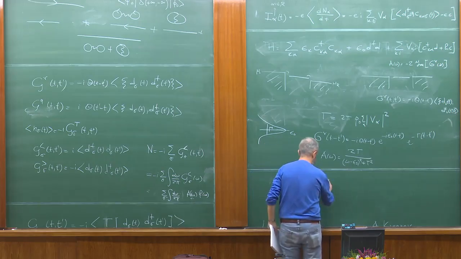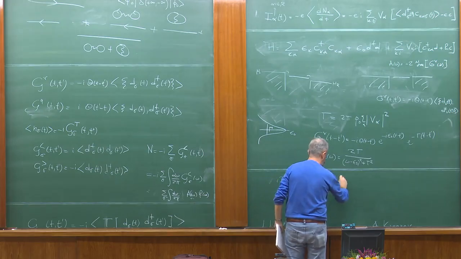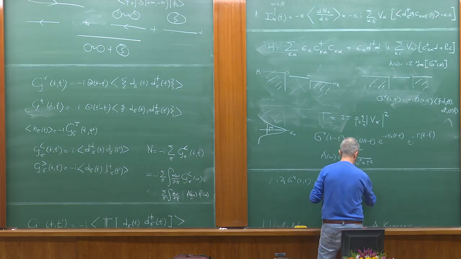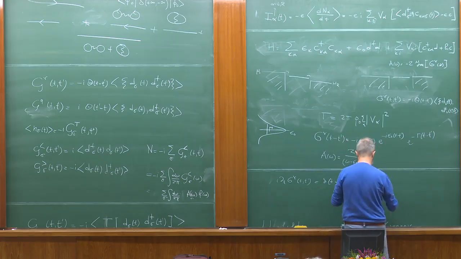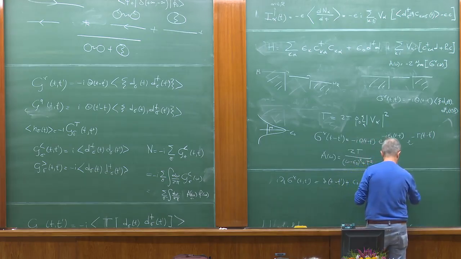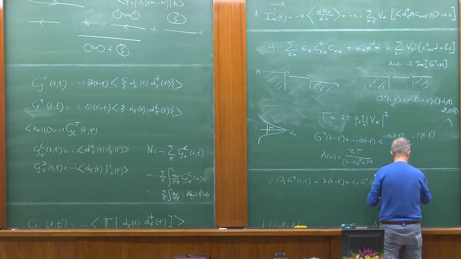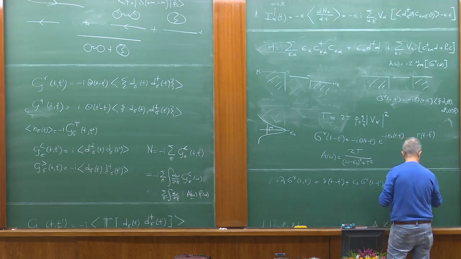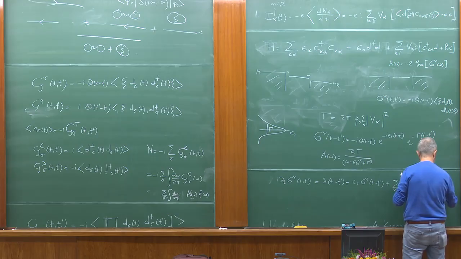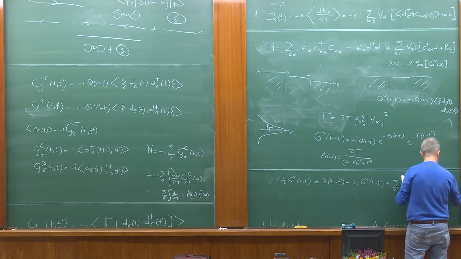So you'll get that this is equal to delta(t minus t prime) plus epsilon naught G retarded (t minus t prime) plus sum over k and alpha of V_k alpha times minus i theta(t minus t prime) times an anti-commutator of c_k alpha(t) and d dagger(t prime).